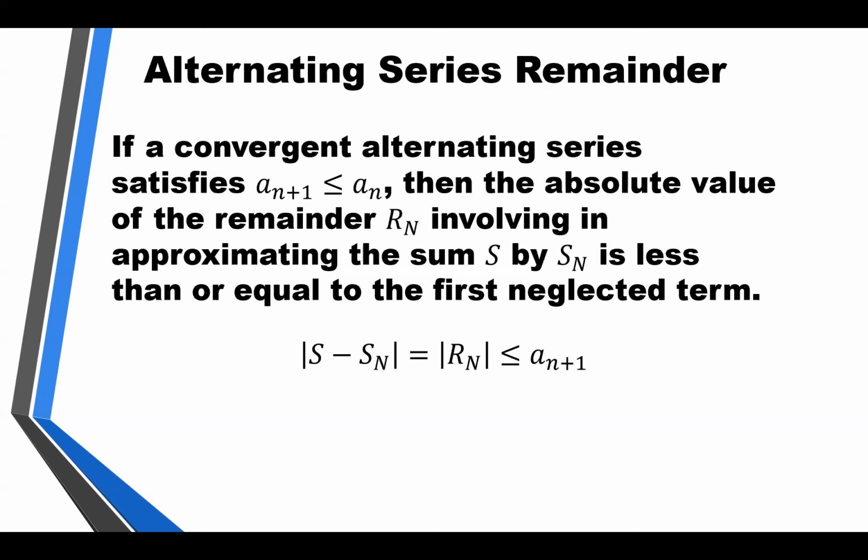If we have a convergent alternating series, which has decreasing terms, which all of ours did so far, then the absolute value of the remainder, R sub n, involved in approximating the sum by the partial sum S sub n, is less than or equal to the first neglected term. So that would be A sub n plus 1.